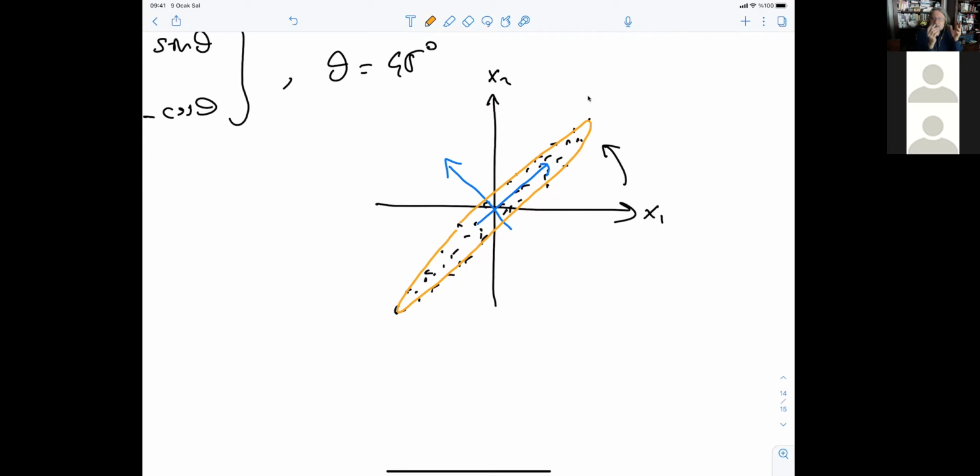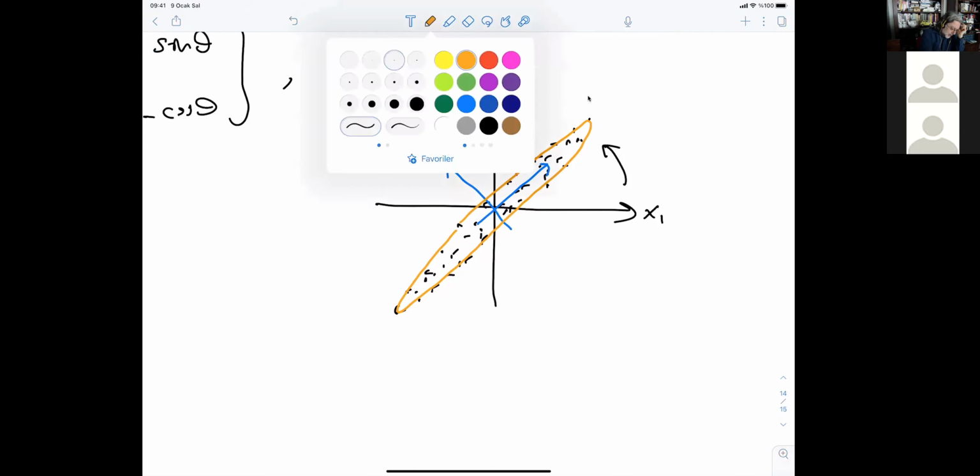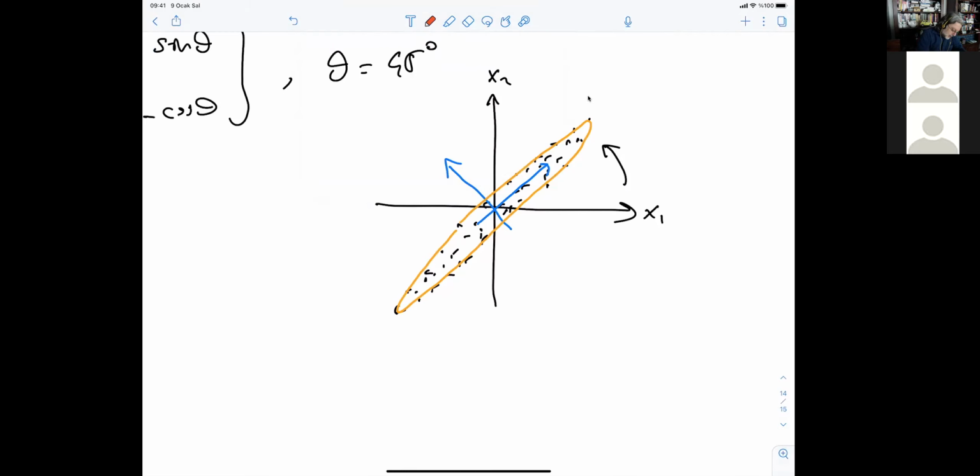the eigenvalues are also somehow related to these. For example, there is the thickness or the width of this ellipse, and there is the tallness or the height of this ellipse too. These magnitudes are related to the eigenvalues. So the short arrow is related to, for example, lambda 2, and the longer size is related to lambda 1.